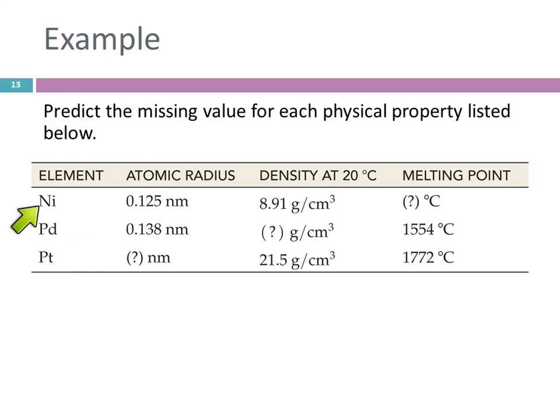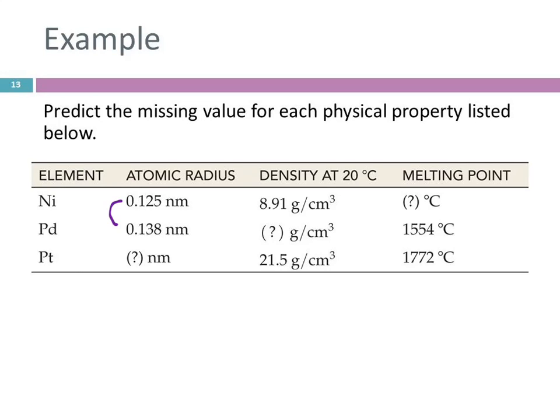Because nickel, palladium and platinum are in the same group in the periodic table, they're all transition elements, we can look at the difference between 0.125 and 0.138 and say, well, if there's that jump between those two, then there's probably a similar jump to platinum. The difference there is 0.013.